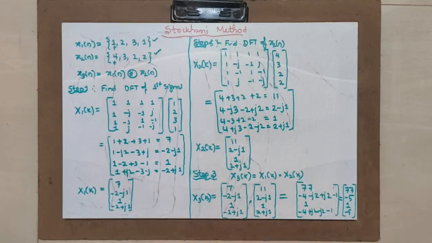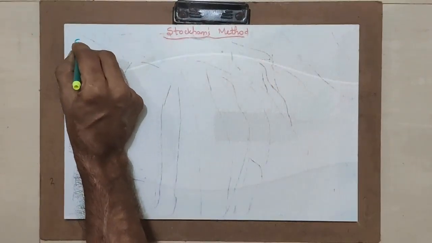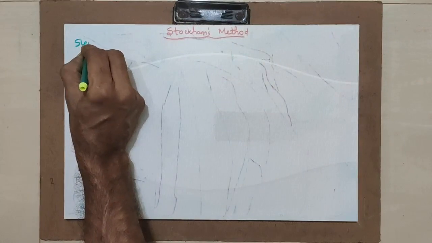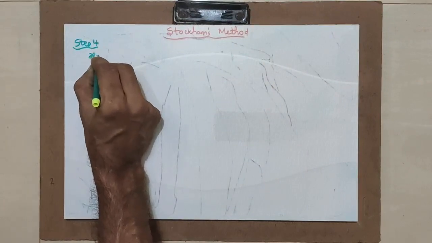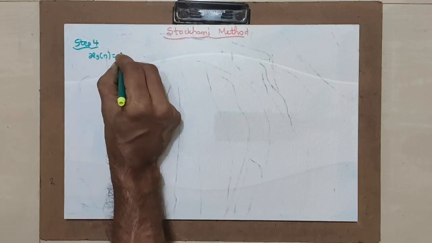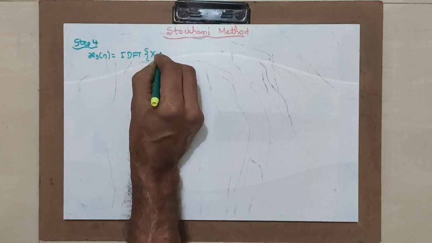I have to solve the fourth step, step 4, that is finding the inversion of this, or applying IDFT on X3(k) so as to get X3(n). Let us solve it on the next board. In step 4, X3(n) is nothing but IDFT of X3(k).